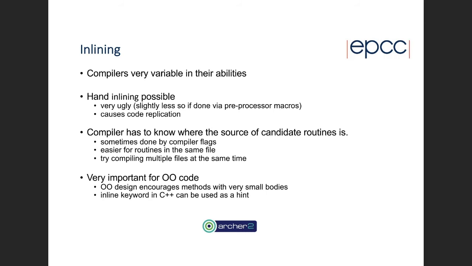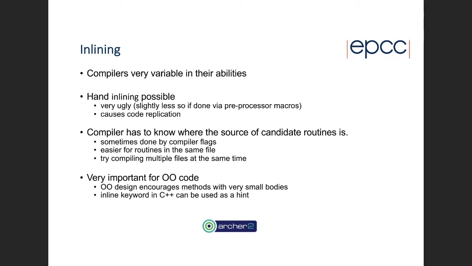Inlining, okay, compilers are very variable in their abilities here. Generally, they're getting better, which is good. Again, hand inlining is a horrible thing to do. It's very ugly. You can sometimes make that less horrible with preprocessor macros, but that's still not that nice because you're basically replicating code.